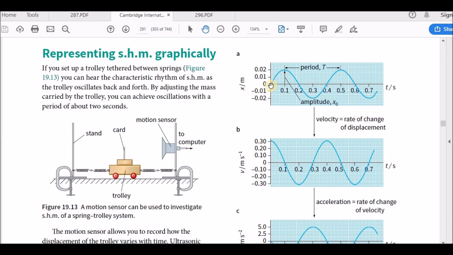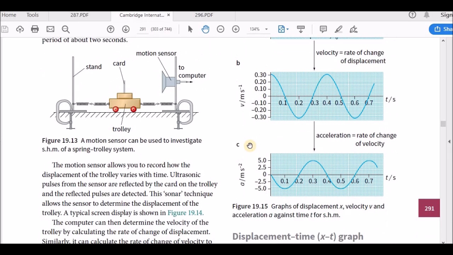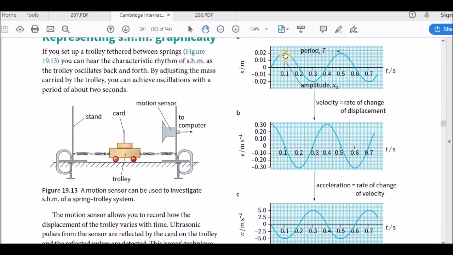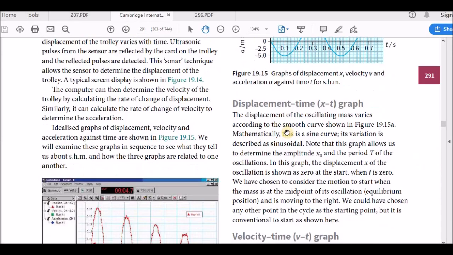You can see over here, this is the equilibrium position. The displacement is 0 there, and the time was also 0 when displacement is 0. So similarly, you can see here, when the time is 0, the velocity is maximum, because the velocity is maximum at the equilibrium position, and velocity is 0 at the extreme ends. You can see here the displacement is maximum, and when the displacement is maximum, the velocity is 0.